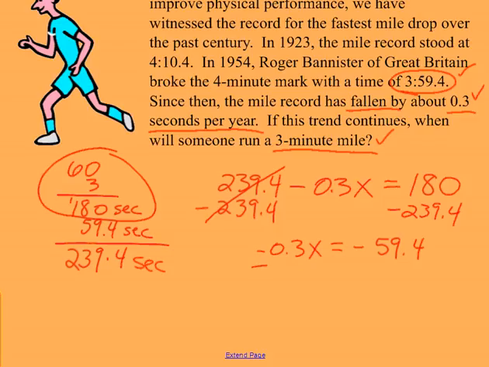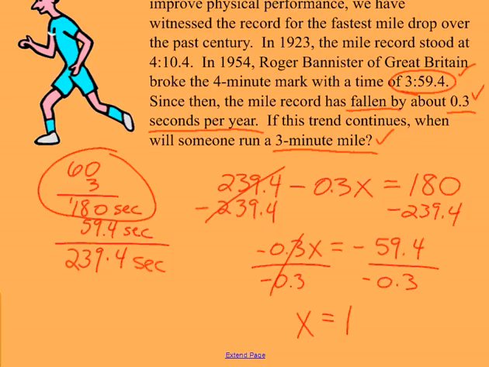Now we can divide both sides by negative 0.3. This cancels out on the left, leaving us with just x. And we can use our calculator to calculate negative 59.4 divided by negative 0.3.